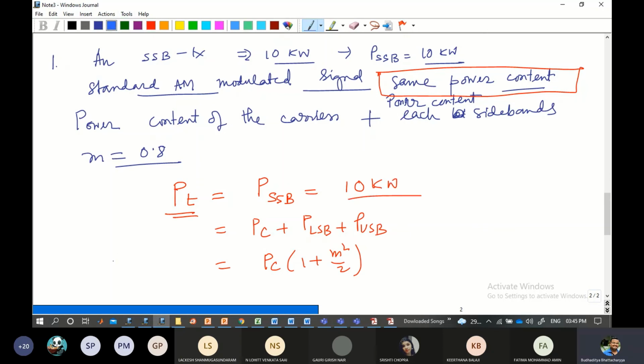So we can substitute 10 kilowatt, which we will convert into watt, so 10,000. Now if you substitute M as 0.8, your PC times 1 plus 0.8 whole square by 2.